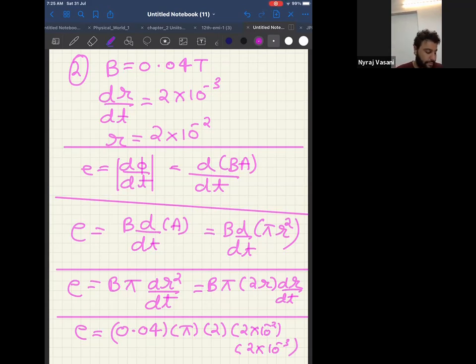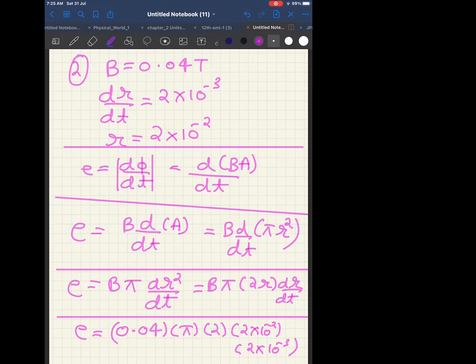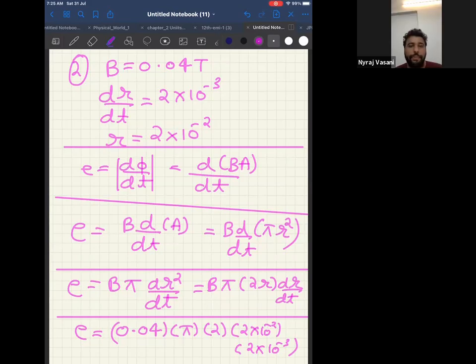Before you simplify the entire step, look at the options. If you look at the options, they have kept pi as it is and they have got the answer in microvolt. Microvolt means 10 power minus 6. Therefore, even you should get something related to minus 6.